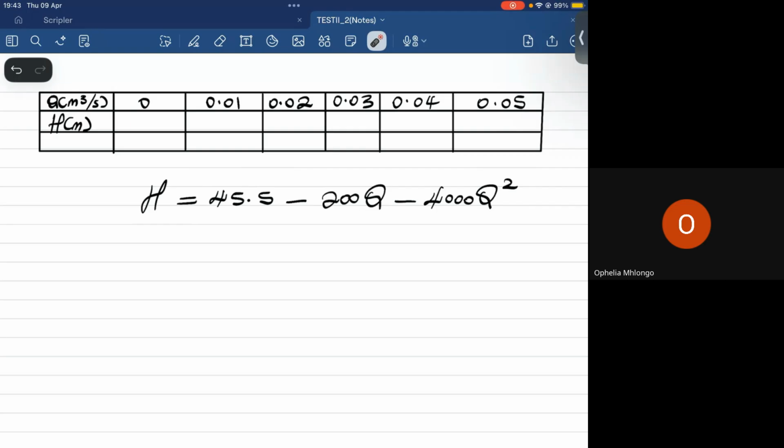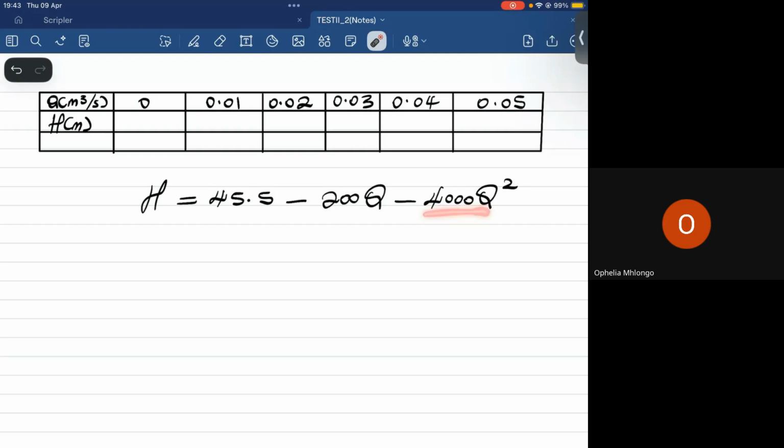For example, the first reading of the head will be given by 45.5 minus 200 times 0, because the first volumetric flow rate is equal to 0 cubic meters per second.